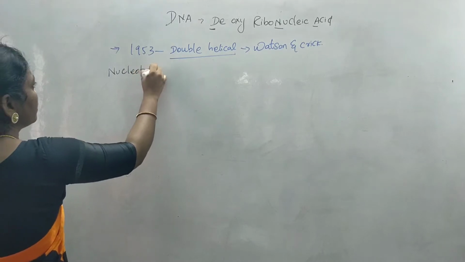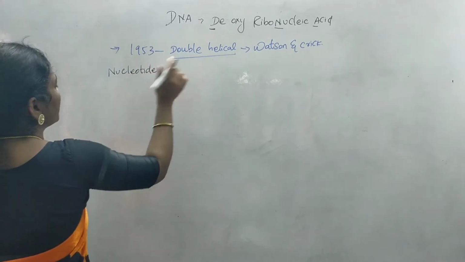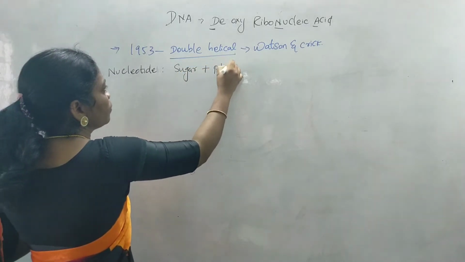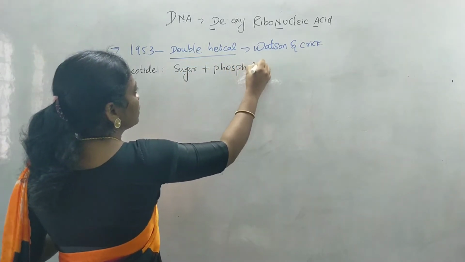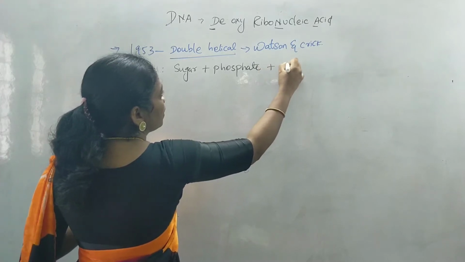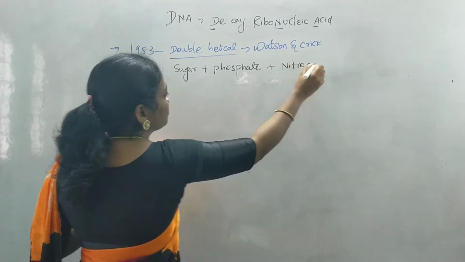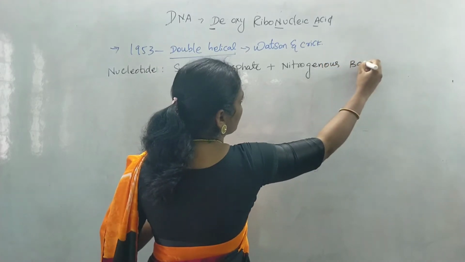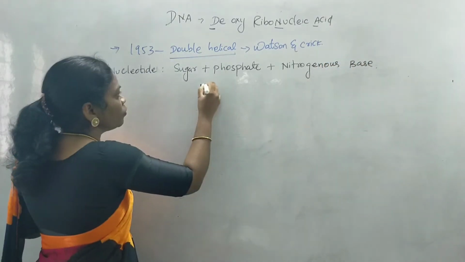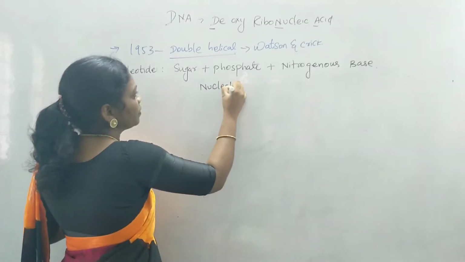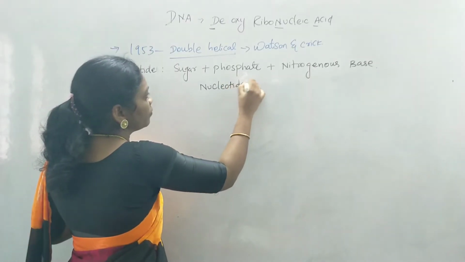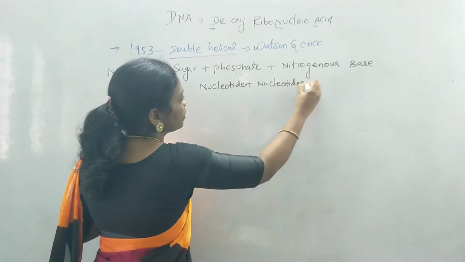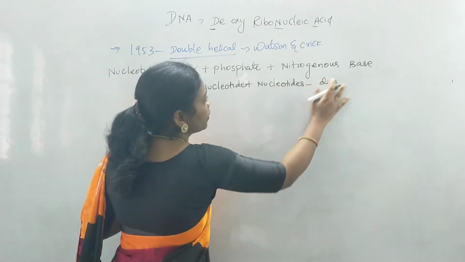A nucleotide consists of a sugar, a phosphate group, plus a nitrogenous base. When two nucleotides are together, they are known as a dinucleotide.